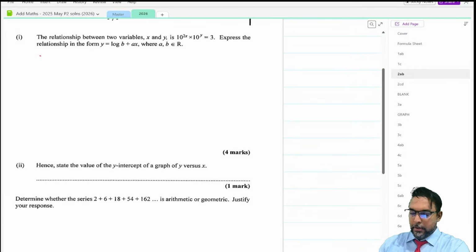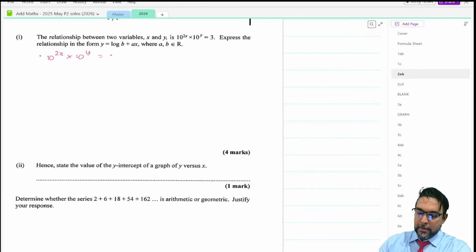So if we start off here with 10 to the power 2x by 10 to the y is equal to 3, we could start off with regular laws of indices and get 2x plus y as the index. And then we could take logs to base 10 on both sides of the equation. Right, you can then apply the power law.